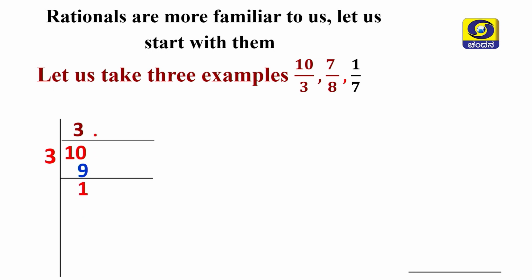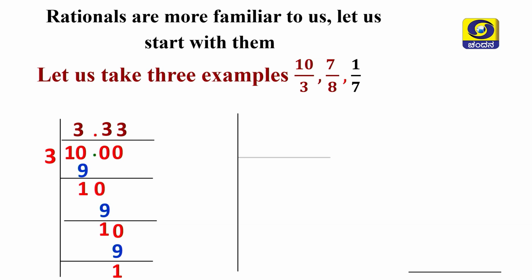Now, put a decimal point, take 1 0. Now, again 3 3s are 9, the remainder is 1. Now, take another 0. Now, 3 3s are 9, see the remainder is 1.